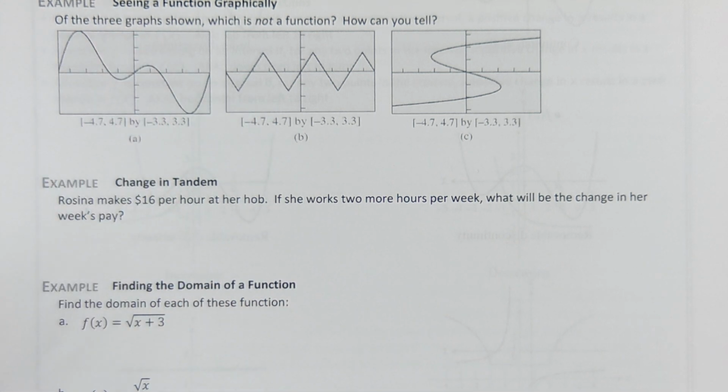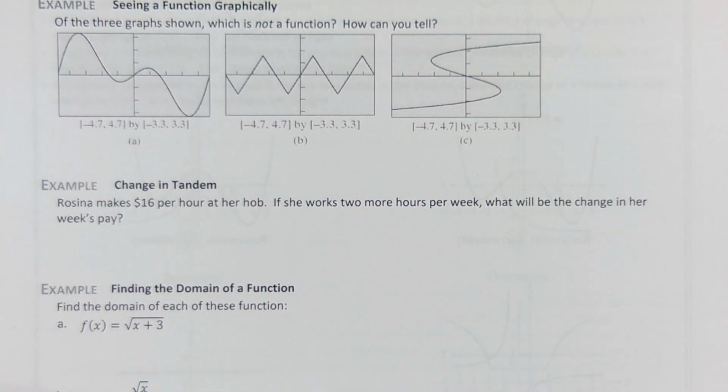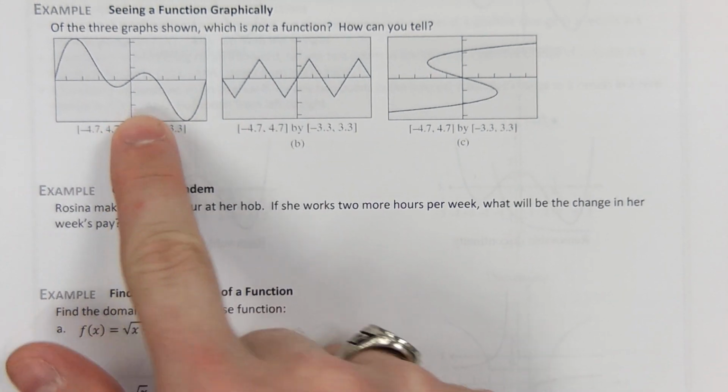Cool? All right. So we have 3 different graphs here. And I'm looking for, this is a small class. There's only 26 of you. I'm looking for 26 voices when I ask if this is a function, and the answer is either yes or no. And I'm hoping to hear lots of the same answer. So class, is this a function? Yes, it is.